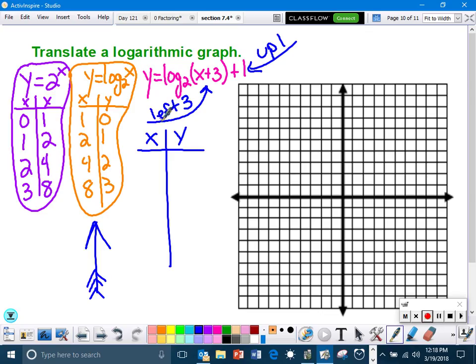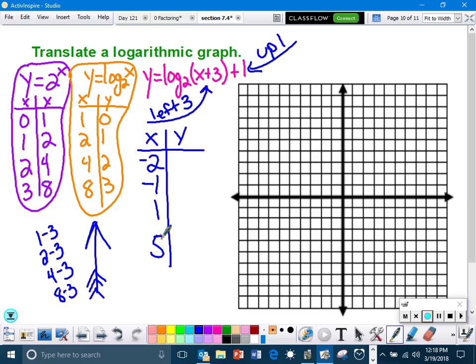So 1 take away 3 is negative 2. Then 2 take away 3 is negative 1. 4 take away 3 is 1. And 8 take away 3 is 5. So my x values are now negative 2, negative 1, 1, and 5.